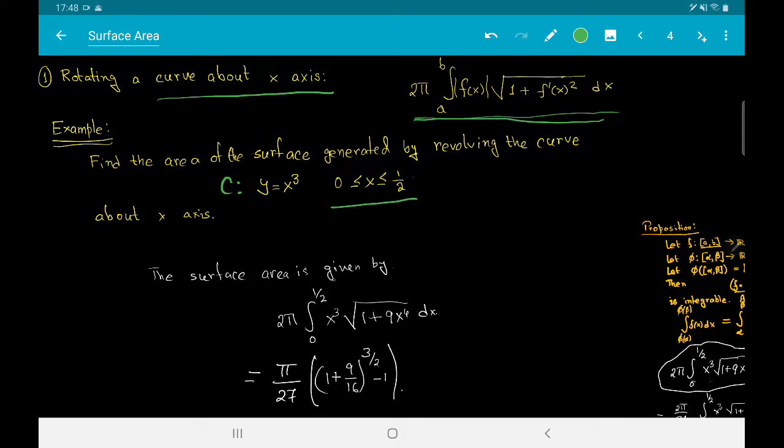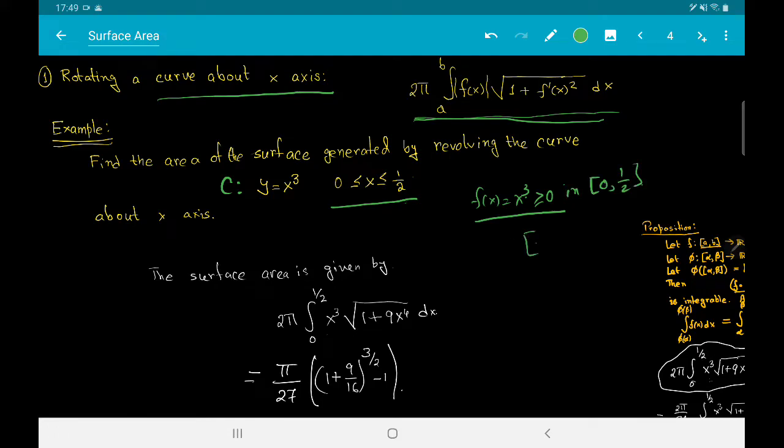So 2 pi modulus of f(x), but here x is always bigger than or equal to 0. We know that f(x) is equal to x cubed, and this is always going to be bigger than or equal to 0, in particular in this case where x lies between 0 and half, so modulus of x cubed is going to be x cubed itself.